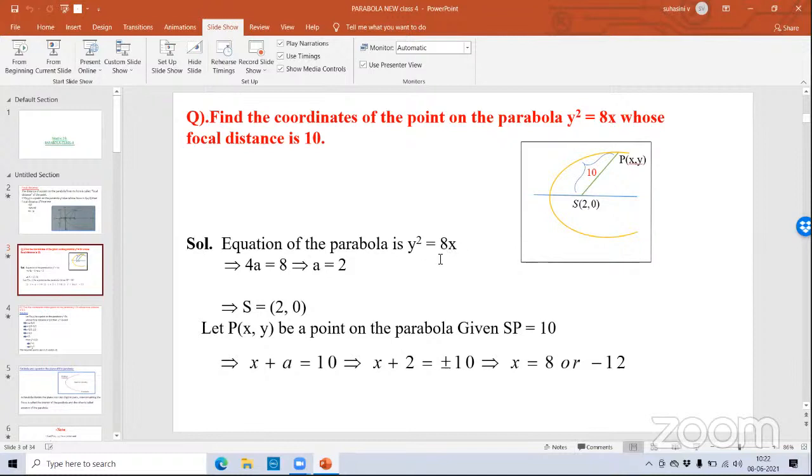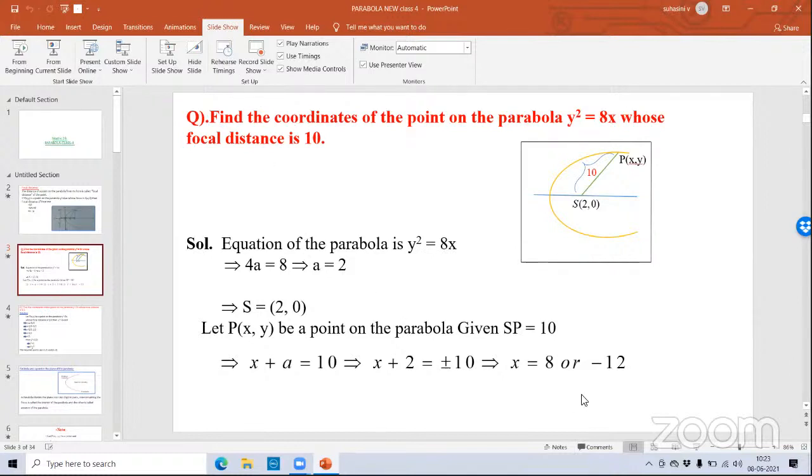So y is equal to plus or minus under root 64. So y equal to plus or minus 8. Therefore, (8, 8) and (8, minus 8) are the two points which need to be remembered. So hope you can understand and continue the solution. x equal to minus 12 is not giving the y coordinate because substituting x equal to minus 12, y square is negative.